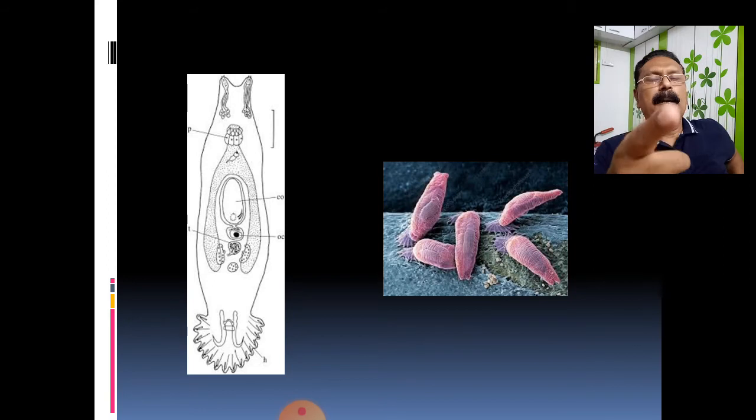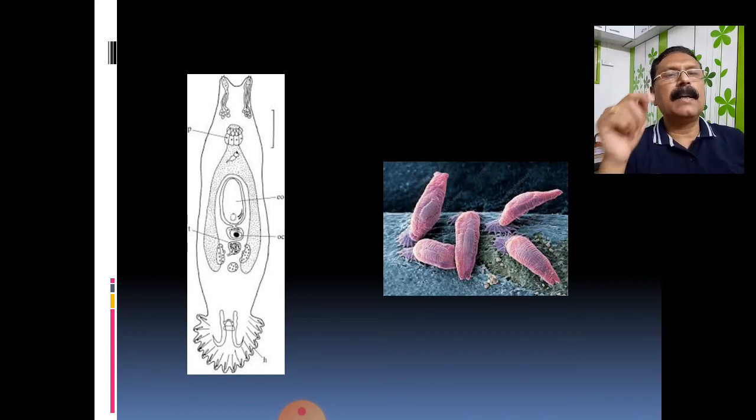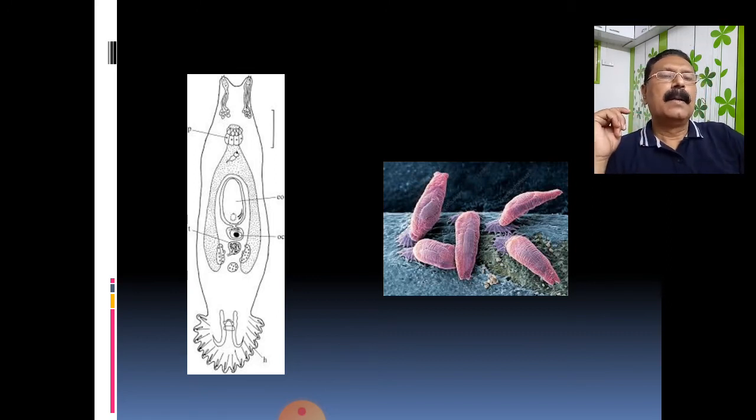This is a line diagram of Gyrodactylus, and this is the exact ultra-microscopic picture, the live picture of a live and active organism. You can see that at the posterior side it has the haptor.